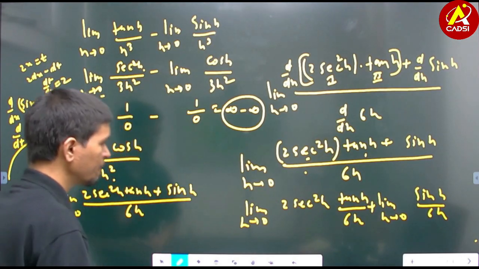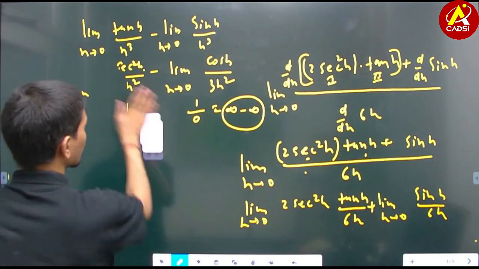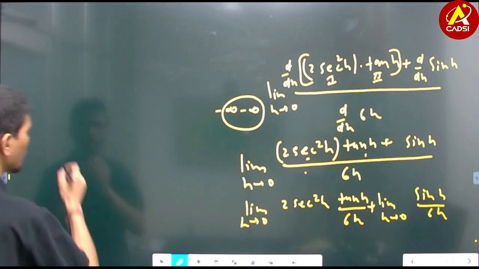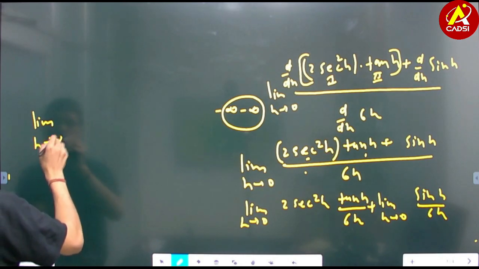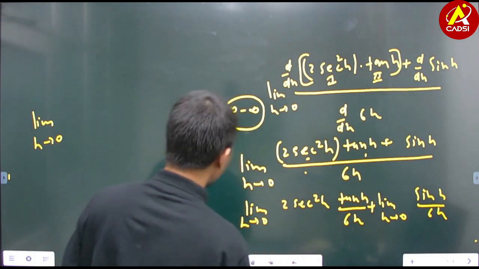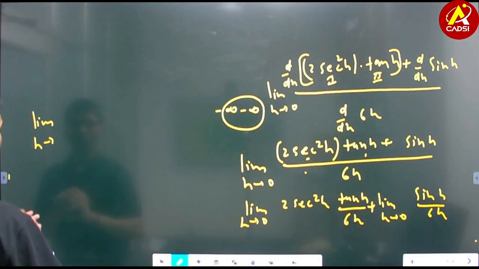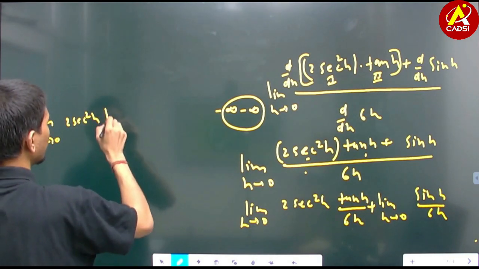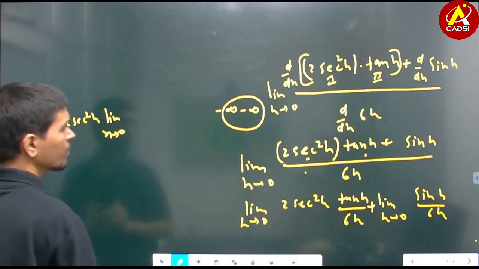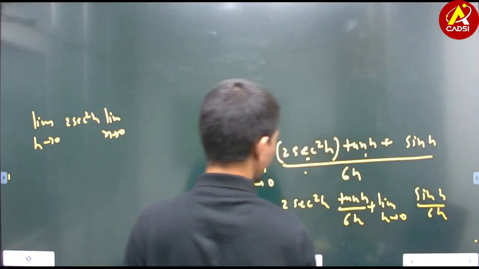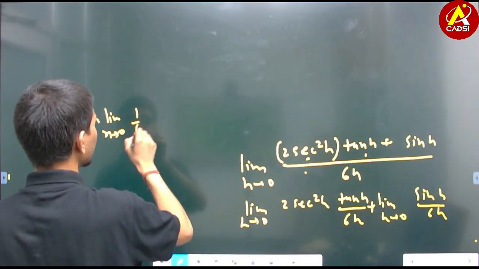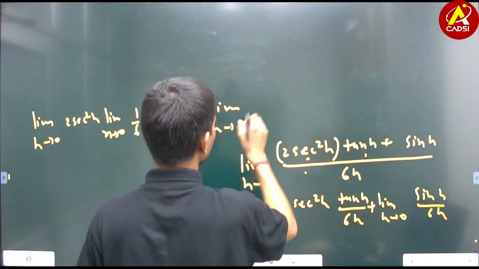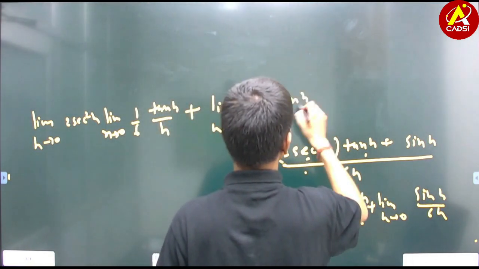Now the limit h tending to 0 of 2 sec square h, and the limit h tending to 0 of 1 upon 6 tan h upon h, plus the limit h tending to 0 of 1 upon 6 sin h upon h.